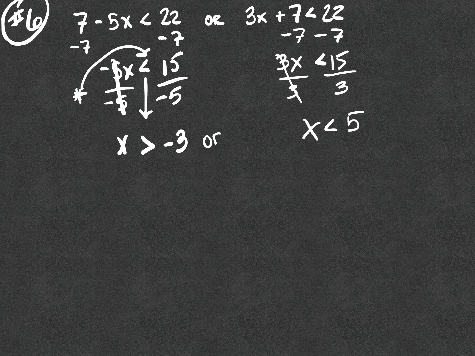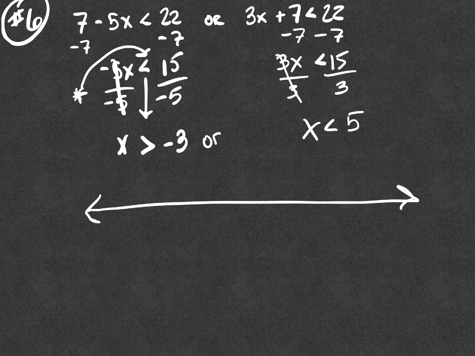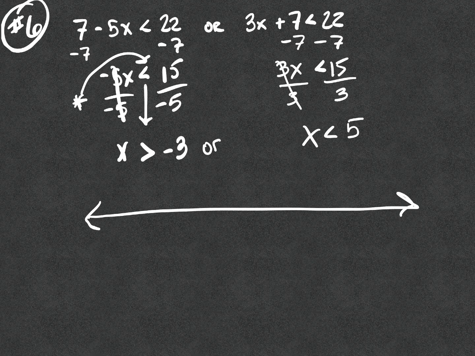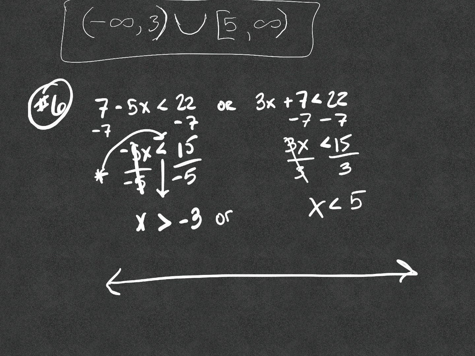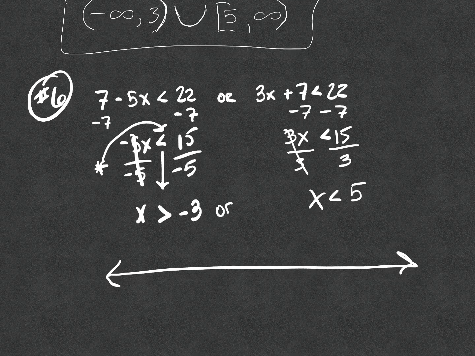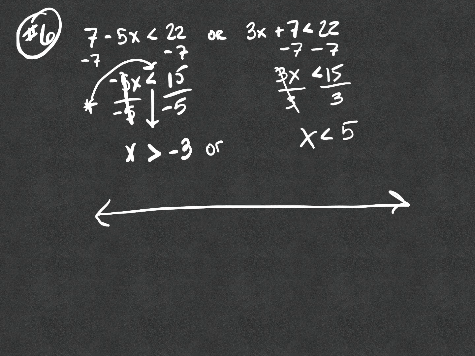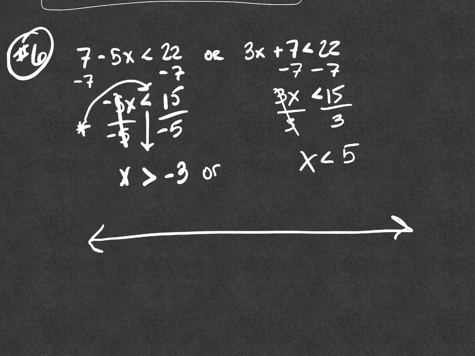Now, you could see that we had to flip that on the left. And let's go ahead and graph. It looks like, yeah, that's good. So let's go ahead and graph these.